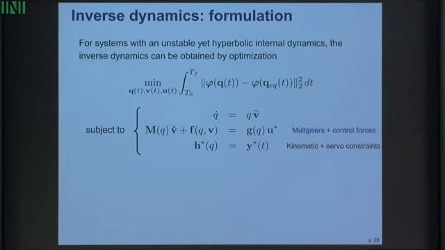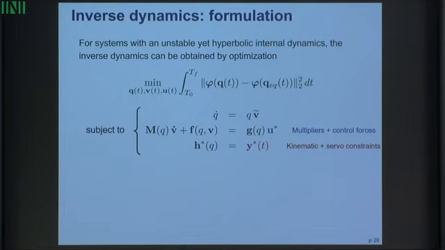So the way we formulate the problem is as an optimization problem. We have a cost function which represents the amplitude of the vibration over the trajectory. This cost function should be minimized under the constraint that the equations of motion, I skip the details, but these are the equations of motion in the Lie group, should be satisfied for all time.